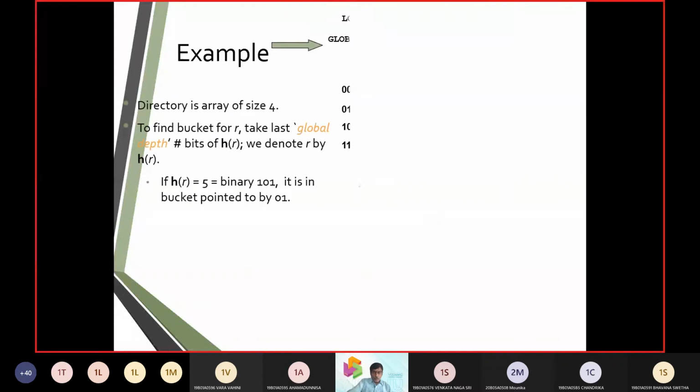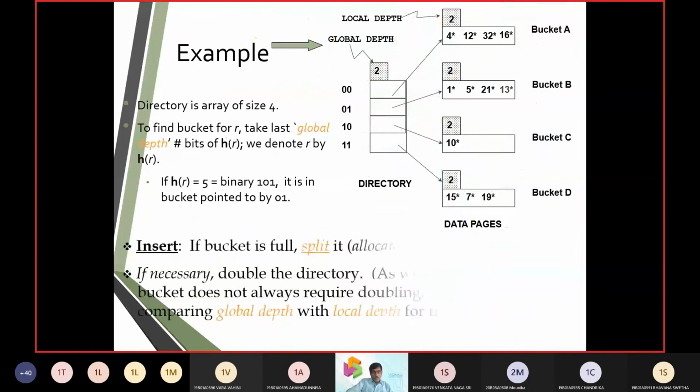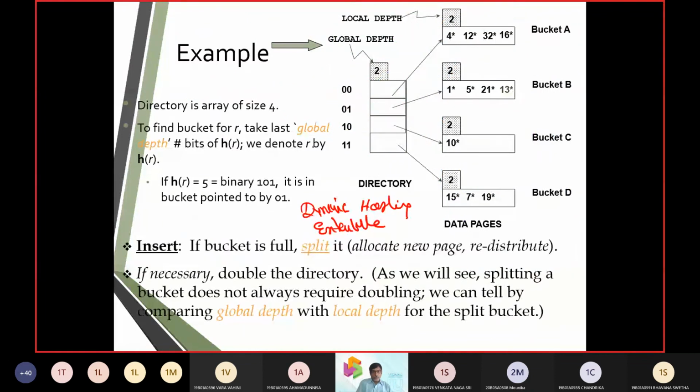Now, at this point, we talked about the array size here. Array size was 4. Then we were talking that we will find the bucket with the global depth. That is, we computed with h of r, that is 0, 0, 0, 1, 1, 0, 1, 1.